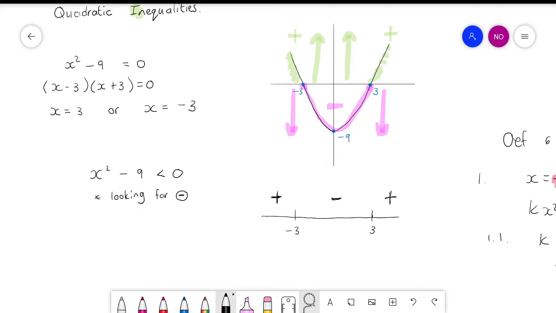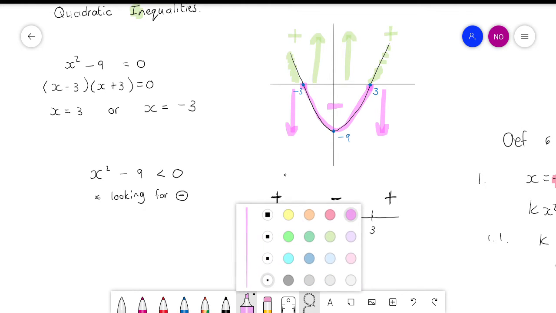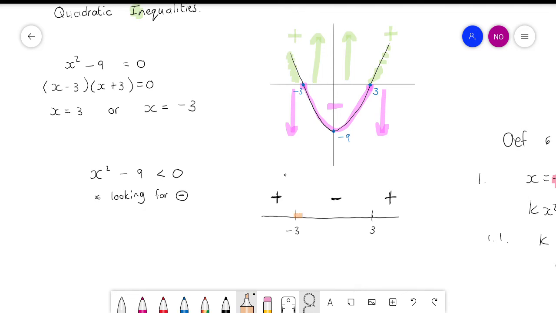How do I know this? I look at the question. The question told me they are looking for where x squared minus 9 is smaller than 0. Do you all understand why I'm looking for negative? And where do we find negative?